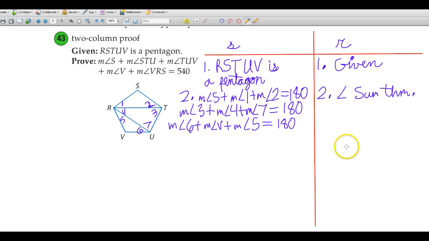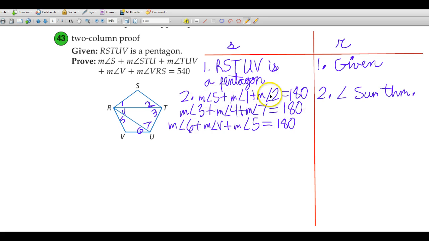So angle sum theorem. So if we took all of these angles together, added everything here, here, and here, that would be equal to adding these 3 together.